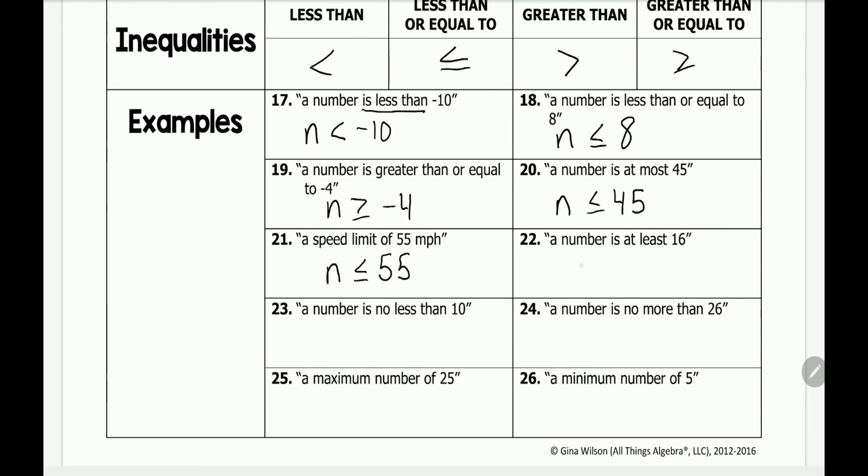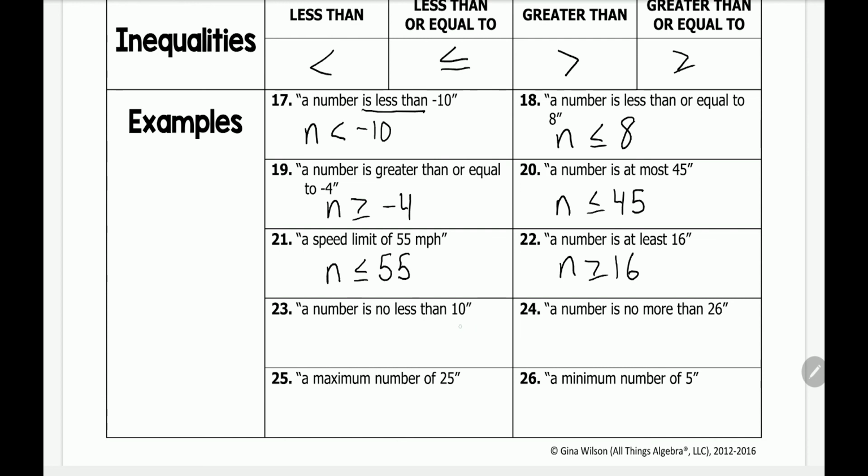Number 22. A number is at least 16. So that means the minimum that a number could be is 16. So we have n. Minimum would be greater than or equal to 16. Okay? Number 23. A number is no less than 10.